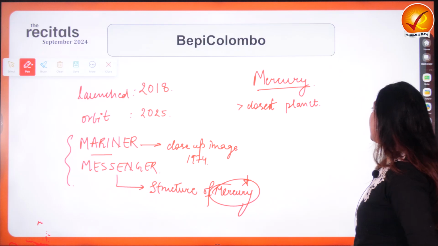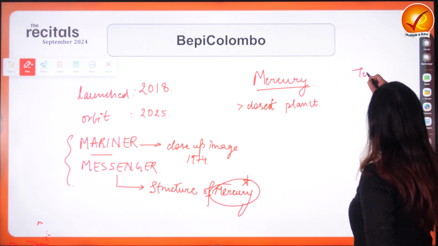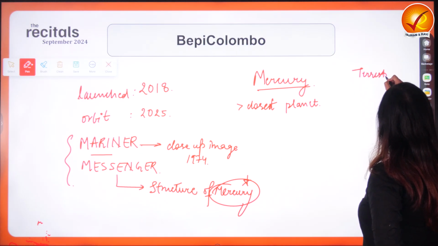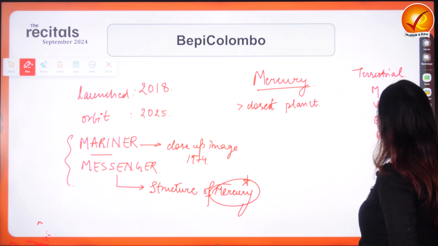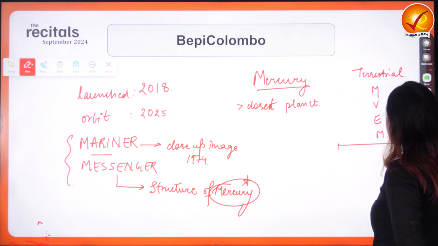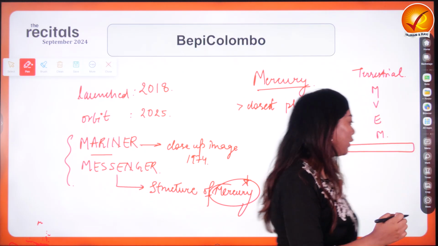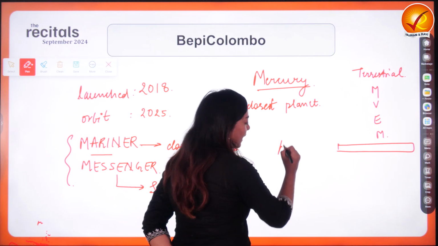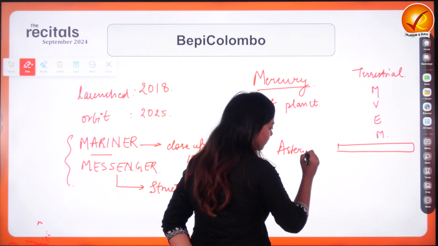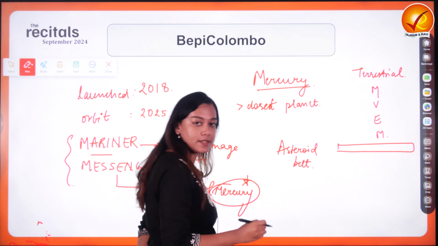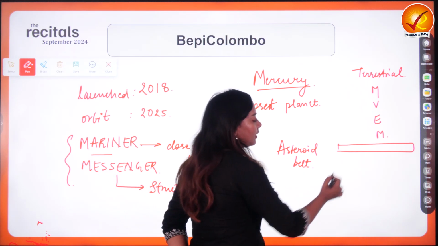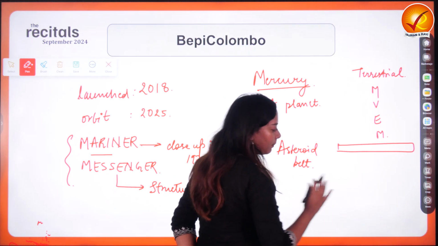The planets are divided into terrestrial planets, which is separated by, I hope you can see the board, an asteroid belt full of asteroids. And then we move towards the Jovian planets.